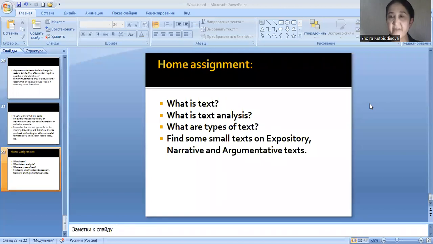Now let's watch a video about text analysis. When we use analysis in pedagogy, we make connections, ask questions, and use the text as a focus.